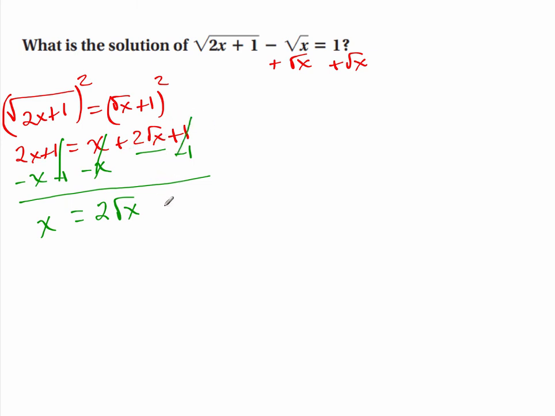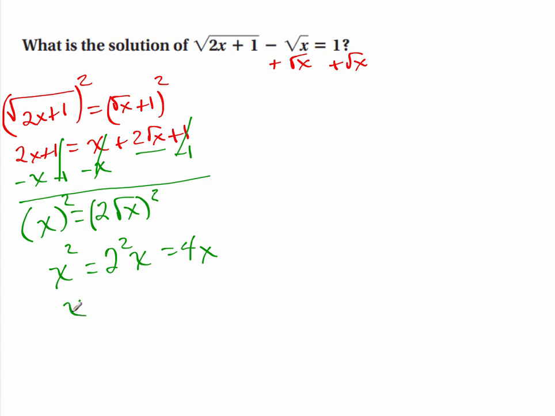All right, now this is fairly straightforward, so let me square both sides. X squared is, now I'm going to take the 2, the coefficient, and square it, so this is 2 squared, and the square root of x squared is just x. So this is 4x.